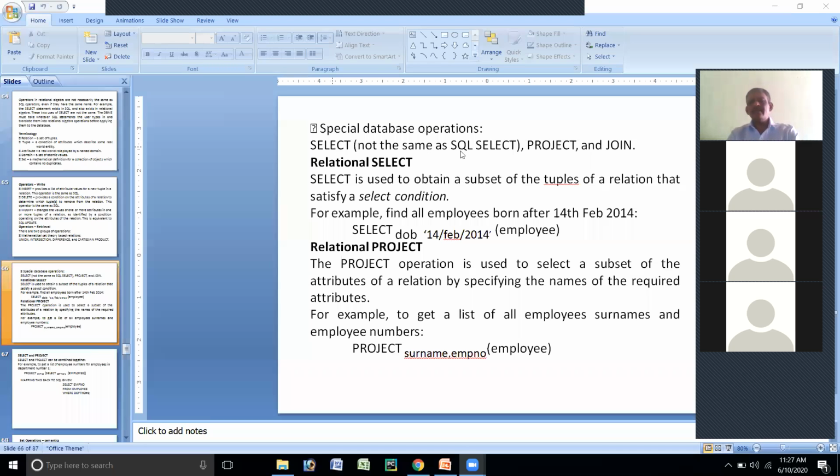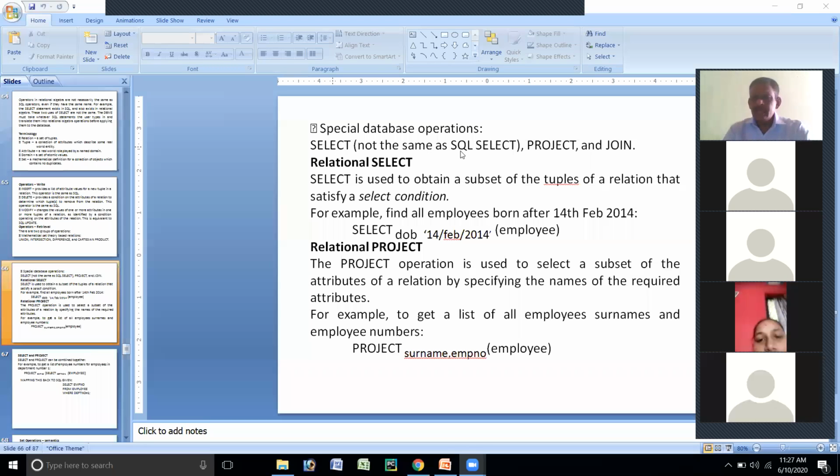After knowing those two headings, the next one is relational select. We're starting with select. Select is used to obtain a subset of the tuples of a relation that satisfy a select condition. Select means, as usual, the general meaning only. We are selecting something.